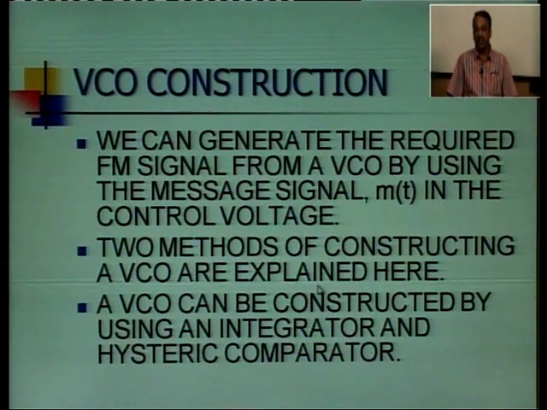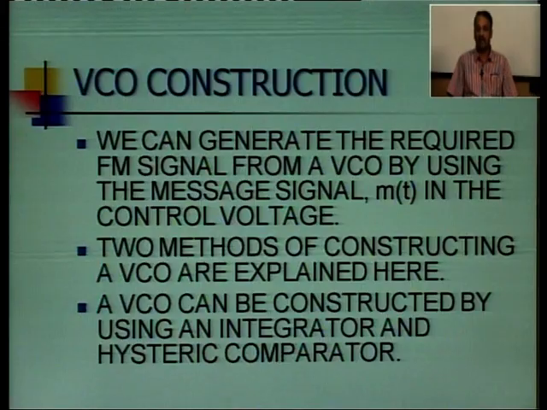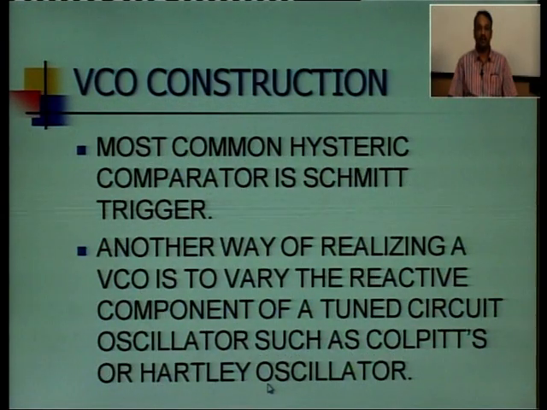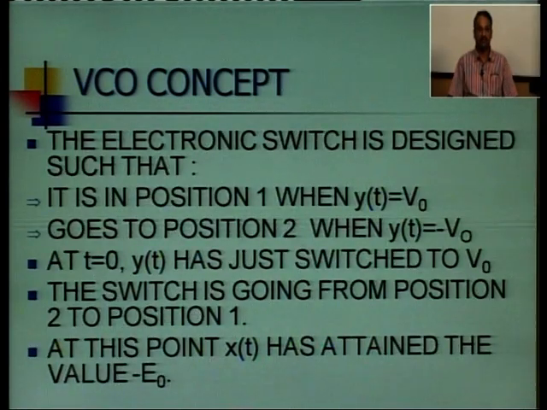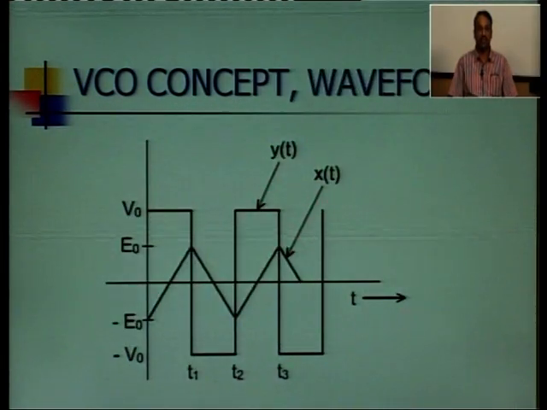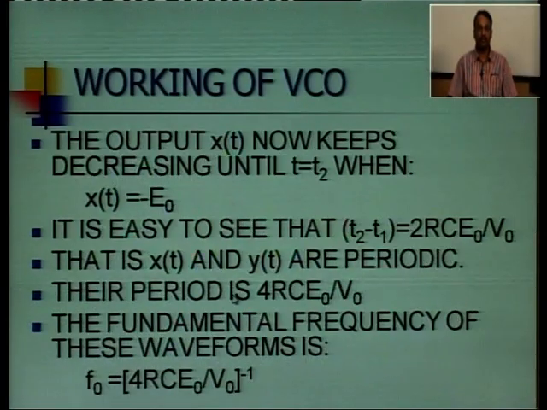We can generate the required FM signal from a VCO by using the message signal as the control voltage. A VCO can be constructed using either an integrator or a hysteretic comparator, but the most common hysteretic comparator is a Schmitt trigger. So, this is the VCO concept. In this the voltage varies, so it gives a triangular wave.